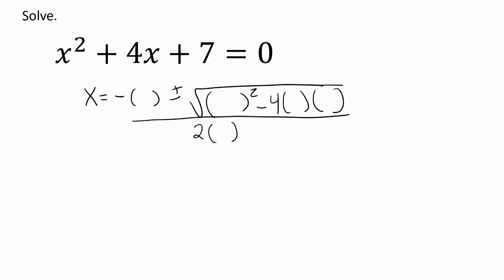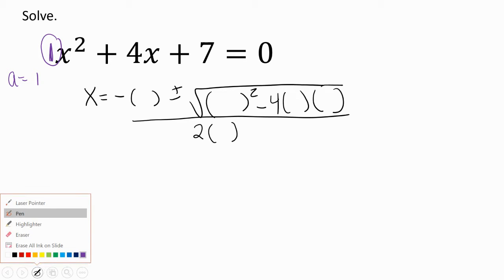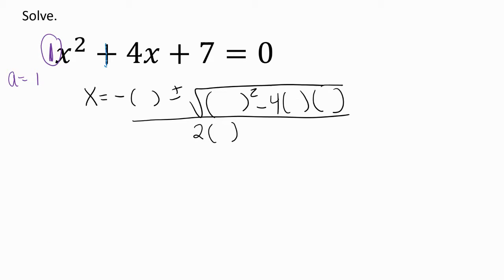And we got to find our a. We know our a is the number in front of the x squared, so it is 1. And our b is going to be 4. And our c is going to be 7.